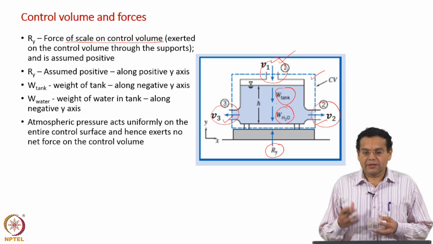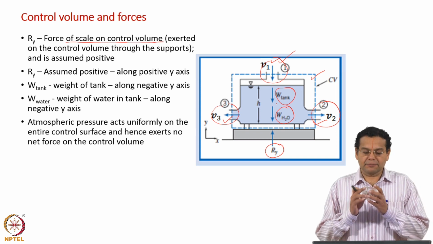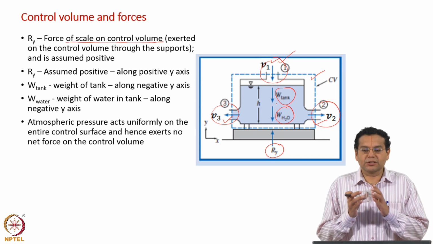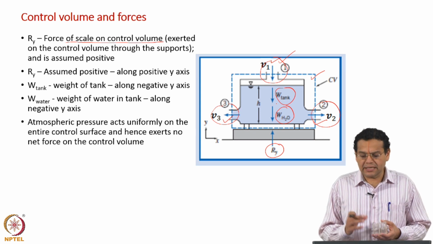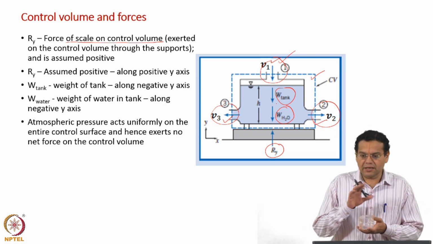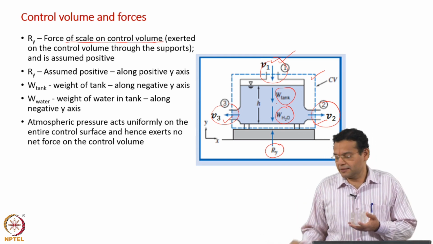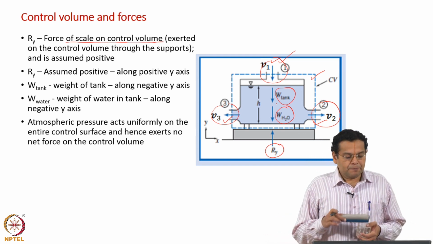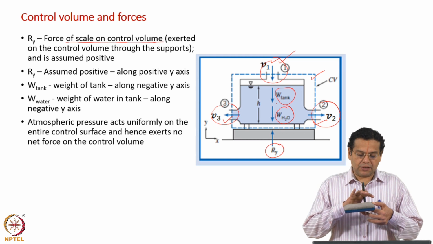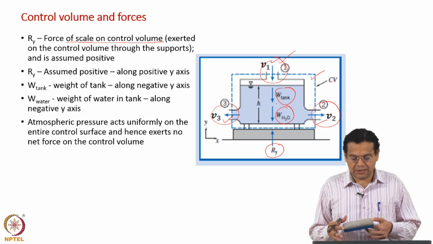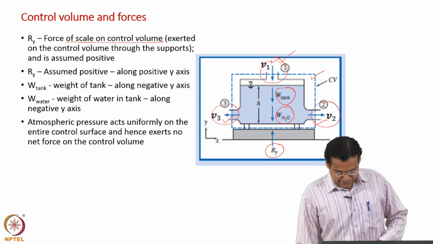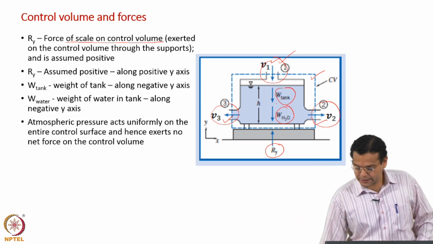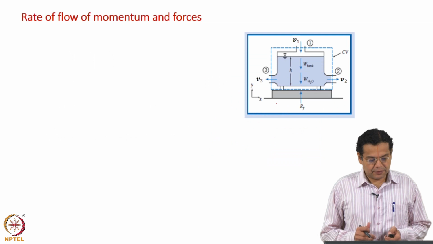If you have any object subjected to atmospheric pressure, there is no net force acting on the object or control volume, be it any shape. Even if it is a regular shape like a cuboid or any other shape, if it is just subject to atmospheric pressure, there is no net force acting on it. That also we can intuitively understand. So with all this information, we will proceed further.